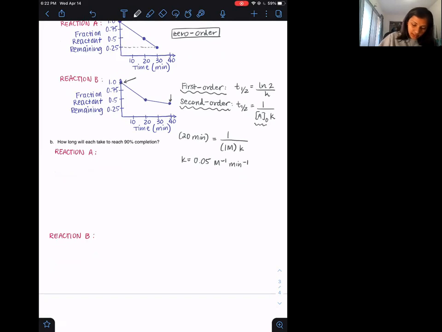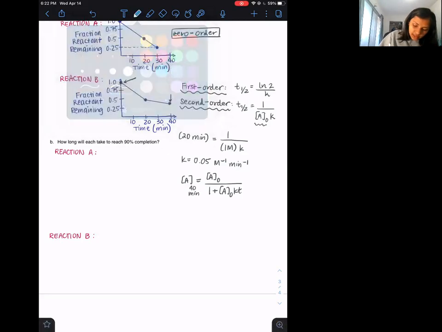So we can plug K in to the rate equation, and the rate equation for a second order reaction is A is equal to A naught over 1 plus A naught times K times T. And this is a concentration of A at 40 minutes that we're trying to calculate, given that the initial reactant concentration is 1 molar.